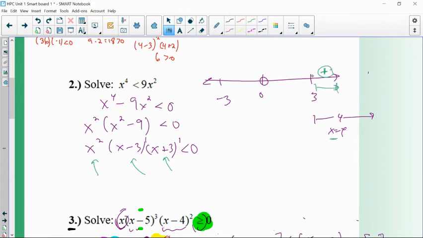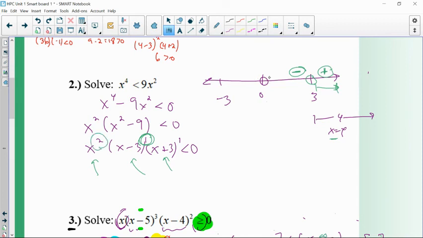Now, I look at the transition at 3 here. It's either positive or negative, but look at the multiplicity. It came from a factor that has odd multiplicity, which means that you have to change signs, positive to negative or negative to positive. And then at 0, its multiplicity is even, which means it's a touch and go.